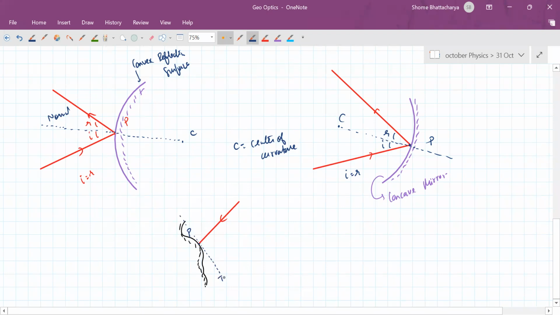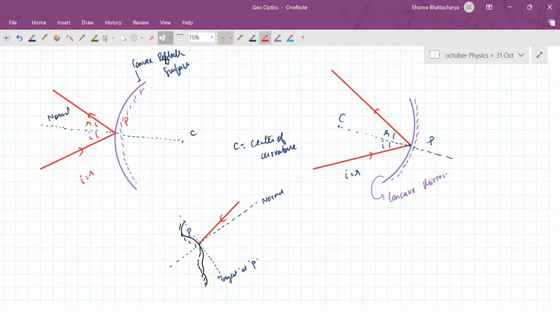So this is the tangent at the point of incidence. Okay, and then we can draw the normal by just drawing a line perpendicular to the tangent. So this becomes the normal. So then finally the reflected ray will be something like this over here.